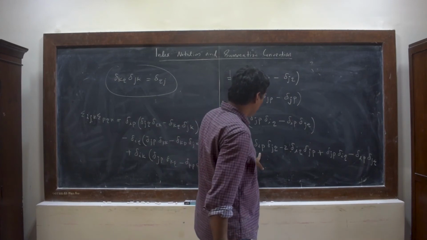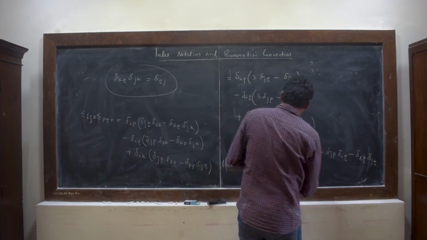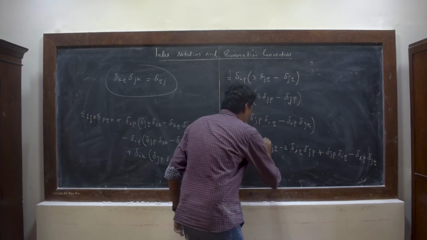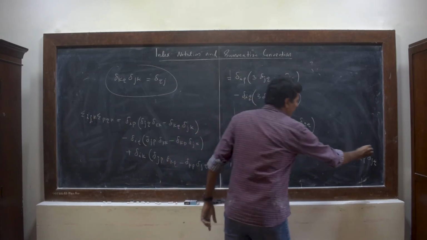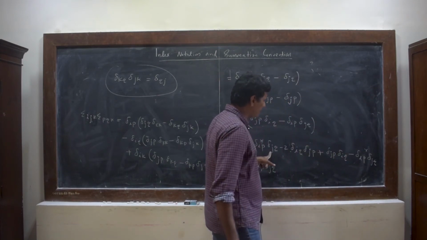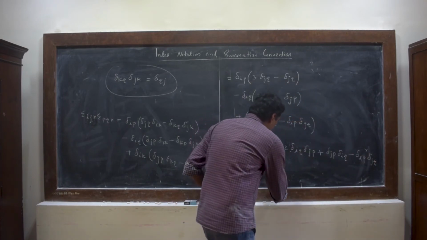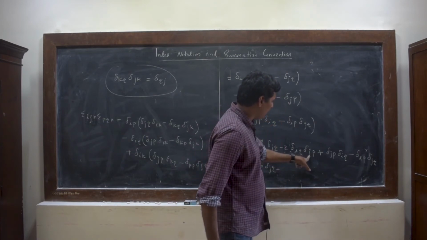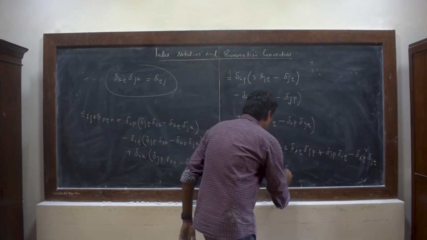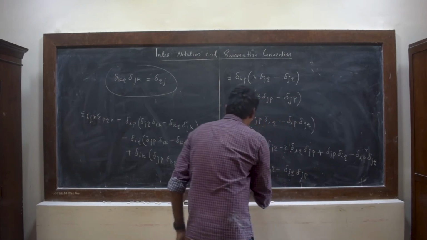So here you have delta IP delta JQ: 2 minus 1, that will be delta IP delta JQ. Minus, here you have 2 delta IQ JP and 1, so you will have delta IQ delta JP. So this is the result.